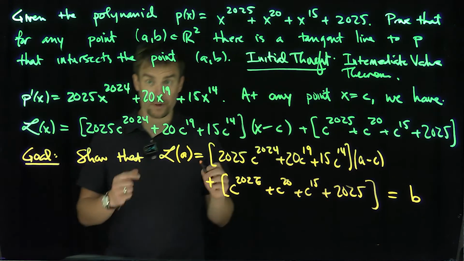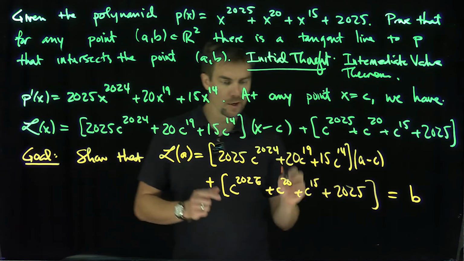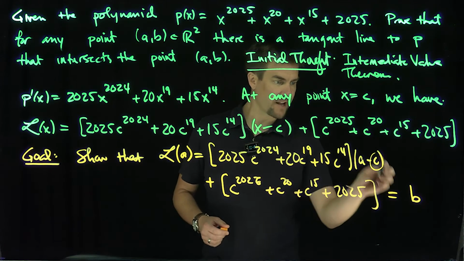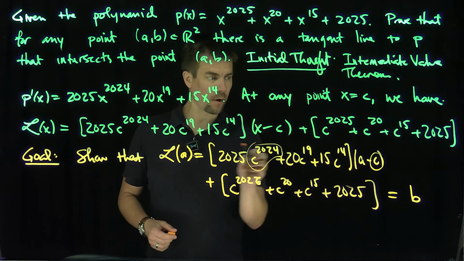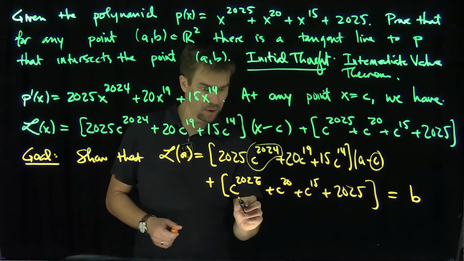So what do we really have over here? I'm going to rewrite this and just focus on the fact that I have a negative C times C to the 2024, and then I have a plus C to the 2025.